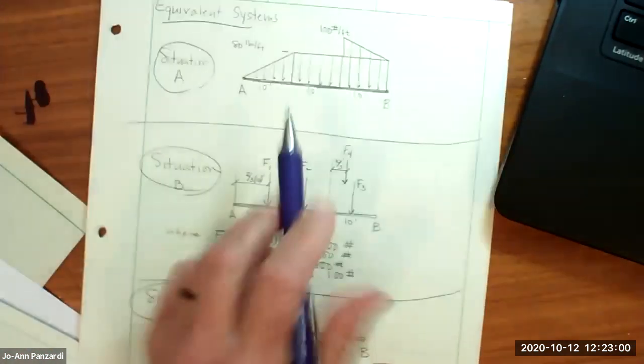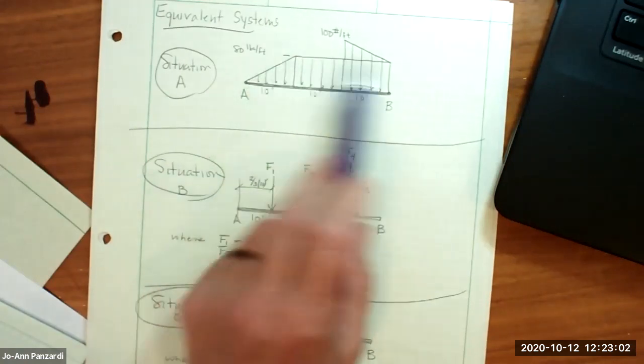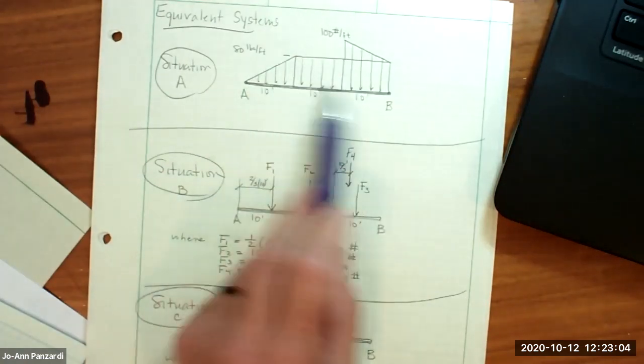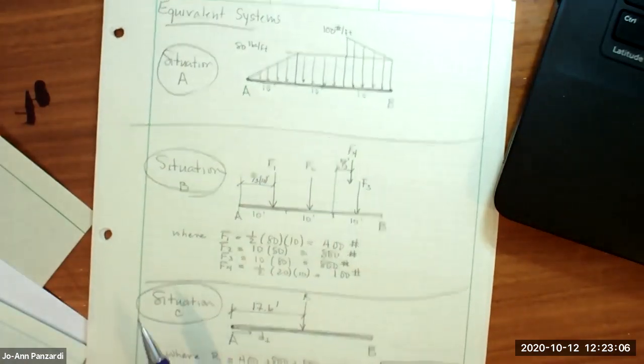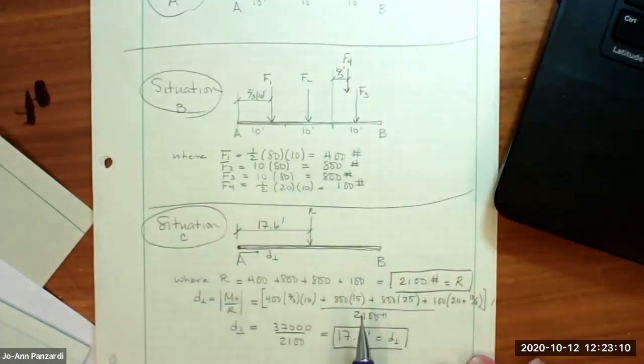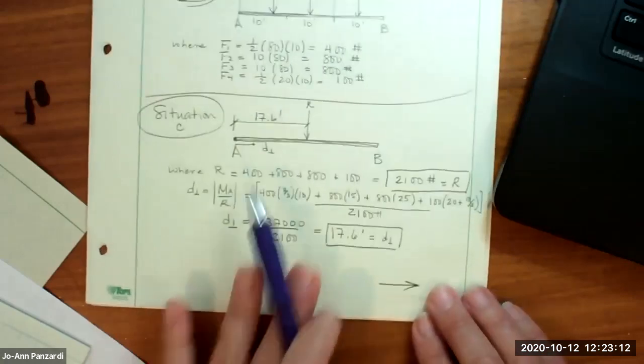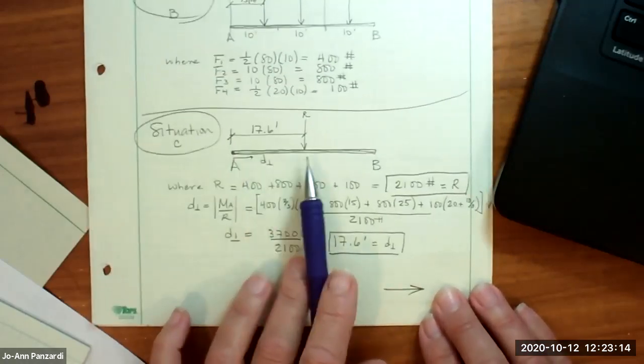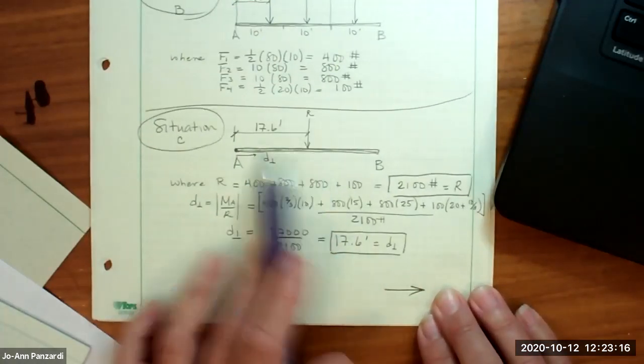Then we looked at 3 different problems. The first problem had this distributed load, which we created into 4 different sections. We simplified that problem to 4 forces at distances, and then we further simplified it to a force location problem with 1 force at a distance.